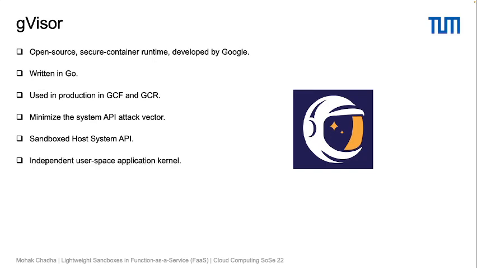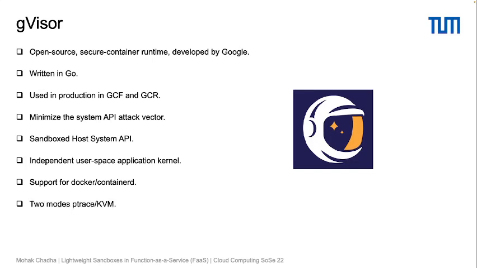What they implemented, using Go, is a completely separate, independent user space application kernel, right? And it also has support for Docker and containerd. We'll talk about how it works there.